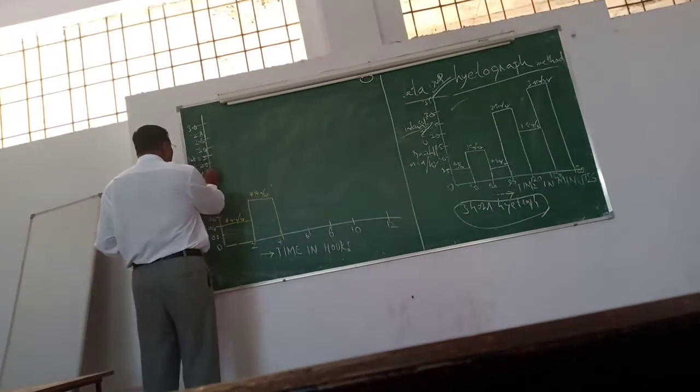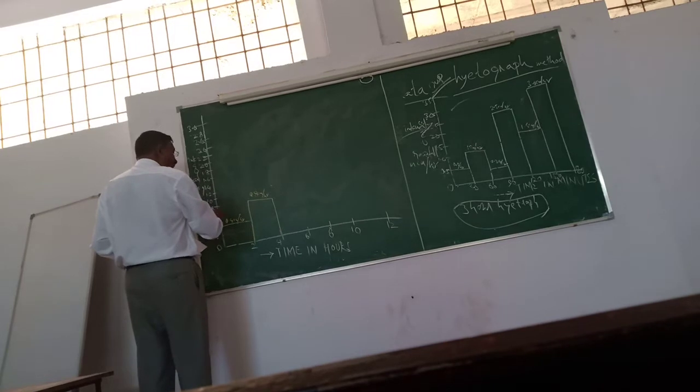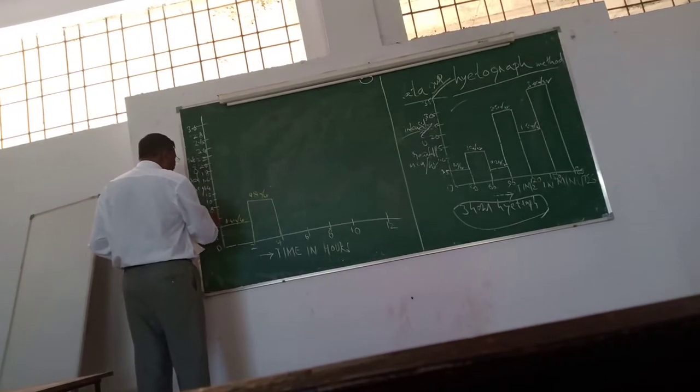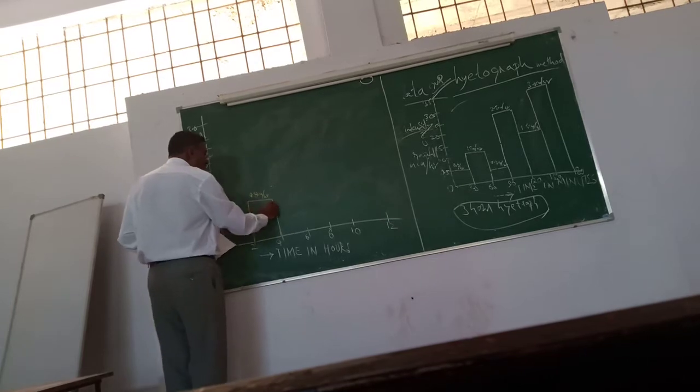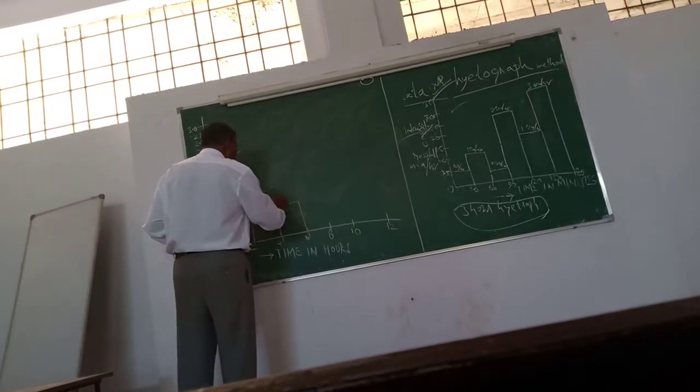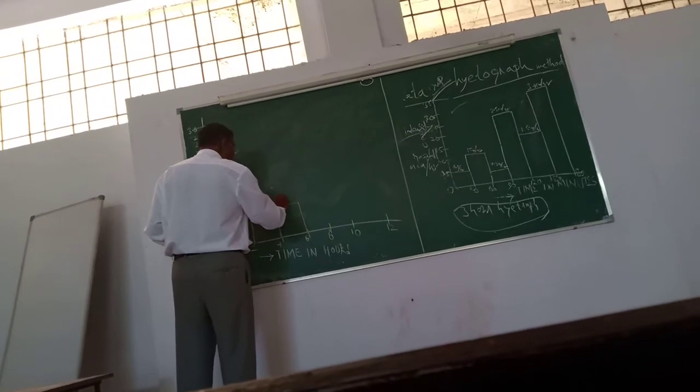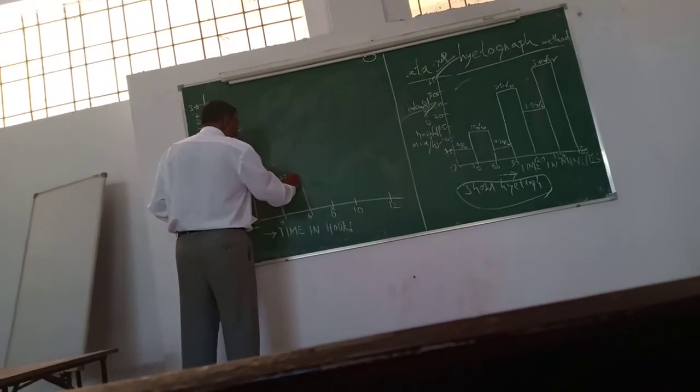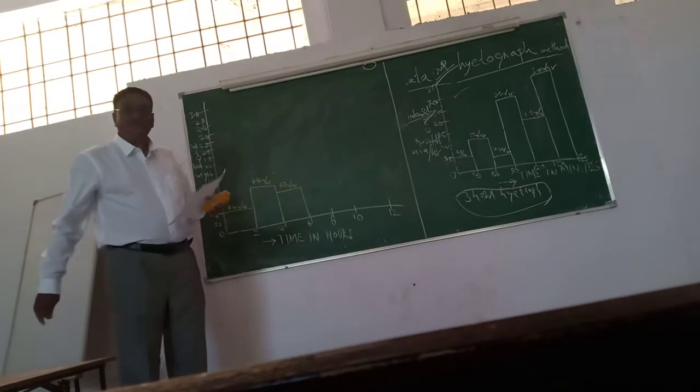Where is the 0.7? 0.8 is here, no? Then 0.7 is somewhere here. Correct? Approximately. Correct or not? Yes, sir. It is good that the scale is there. 0.7 centimeter, just come down.